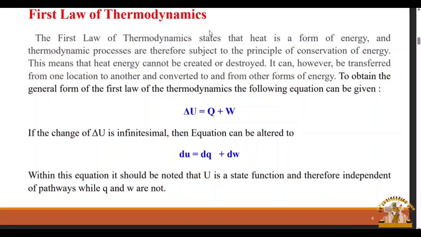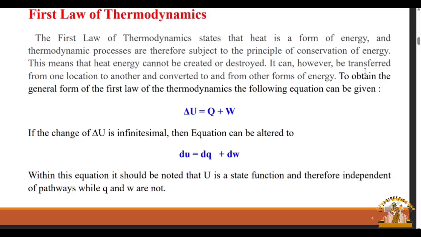The first law of thermodynamics. The first law of thermodynamics states that heat is a form of energy, and thermodynamic processes are therefore subject to the principle of conservation of energy. This means that heat energy cannot be created or destroyed.